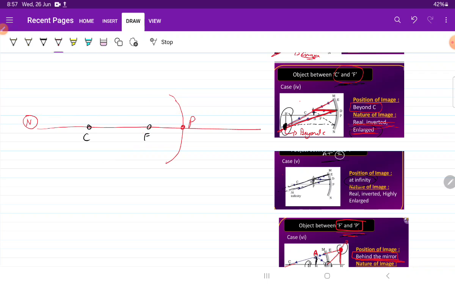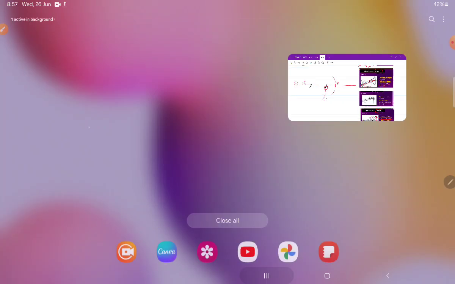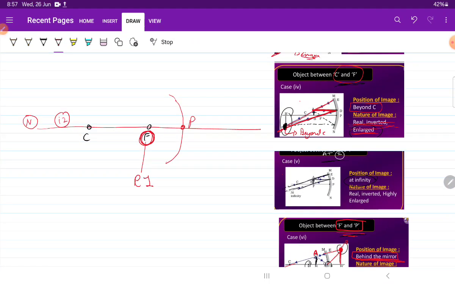I am not drawing any rays. Image 1, I am writing image 1. Now let's write image 2. When the object is beyond C, image 2 will form between C and F.